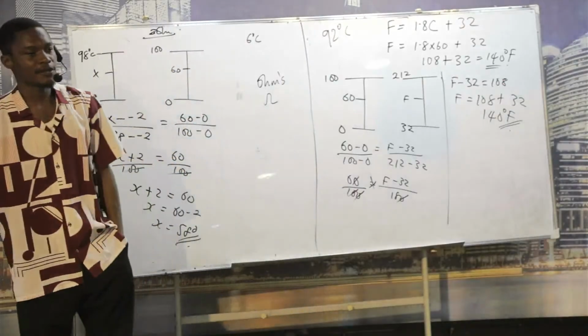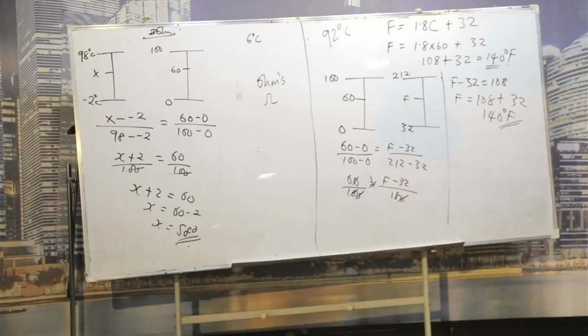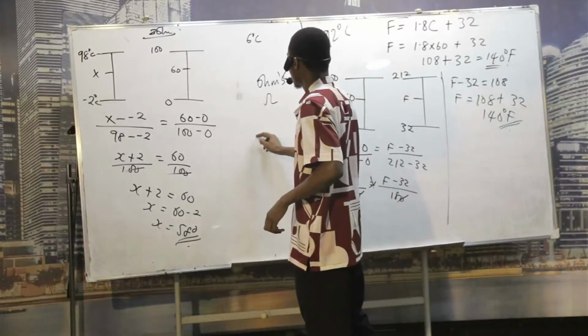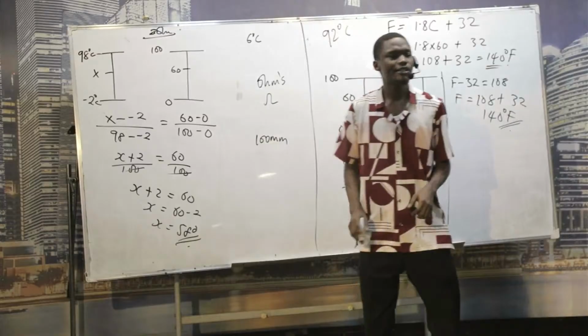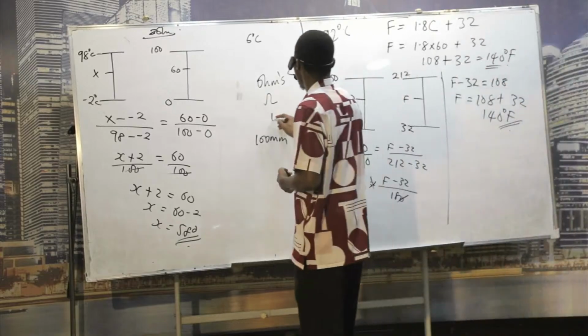Number 3. Are you there? Good. The height of mercury at ice point is 100 millimeters.